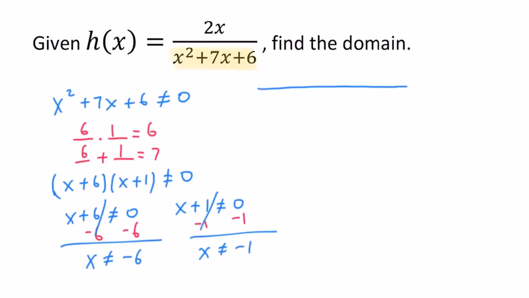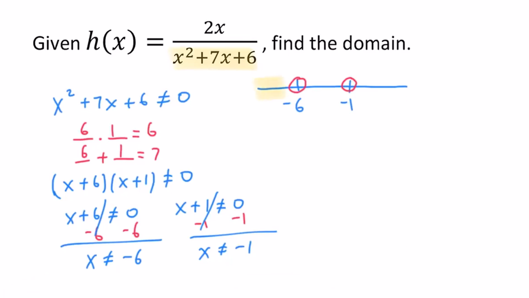So on our number line, we have two numbers. Make sure the smaller number is on the left side and the larger number is on the right side. We cannot have negative 6. We cannot have negative 1. So there is an open circle at negative 6 and at negative 1. So our answer is everywhere else.